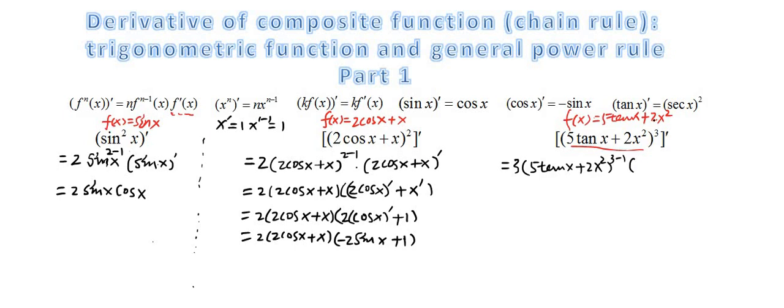Okay, and do the derivative for the f(x). That is (5 tangent x plus 2x squared) prime. Okay, we have here 3 minus 1 equals 2. So we have (5 tangent x plus 2x squared) squared. And again, here the derivative of sum of two functions is going to be the derivative of each function.